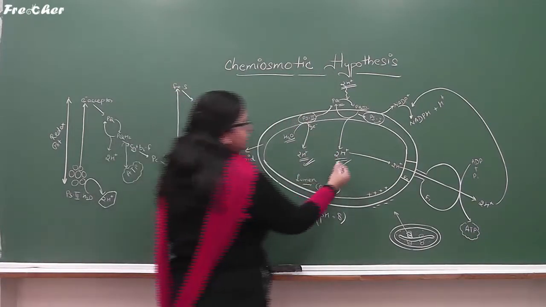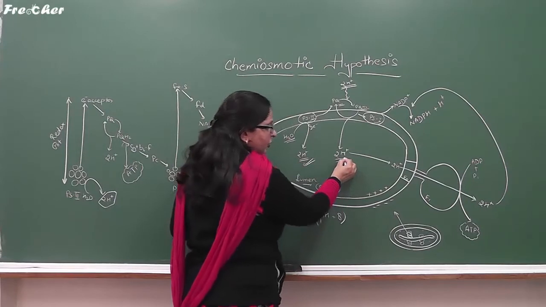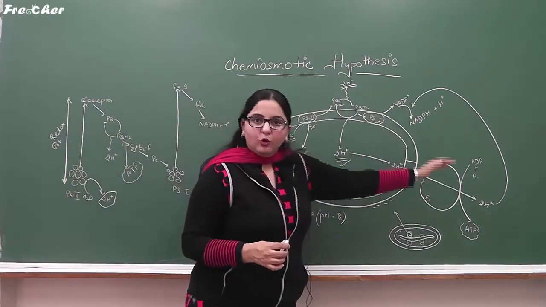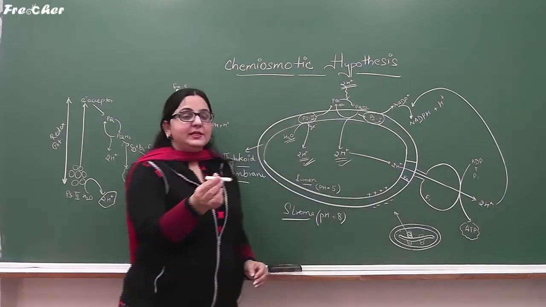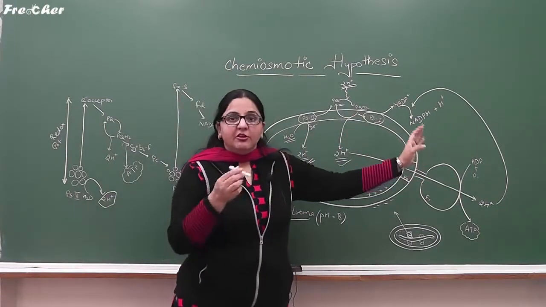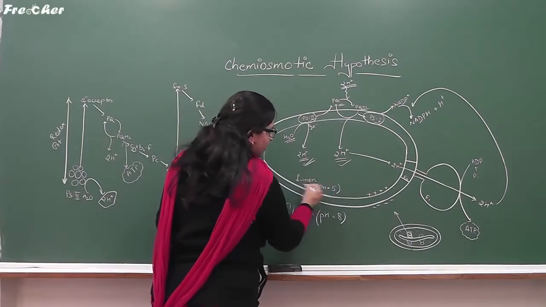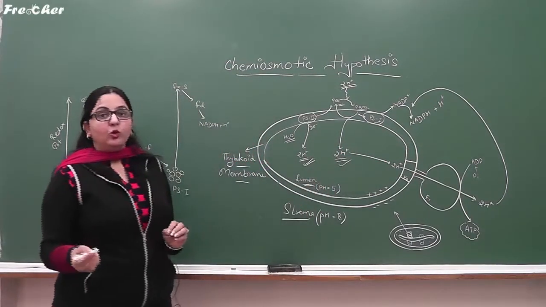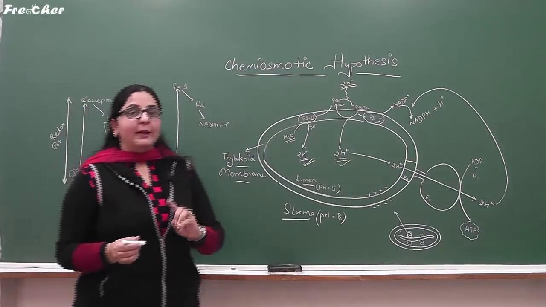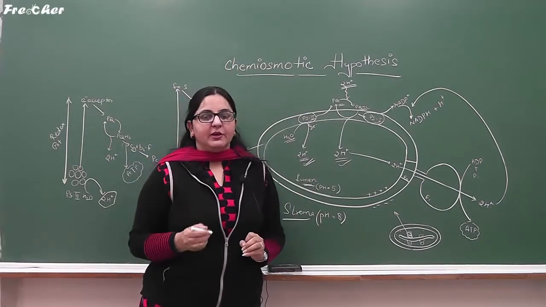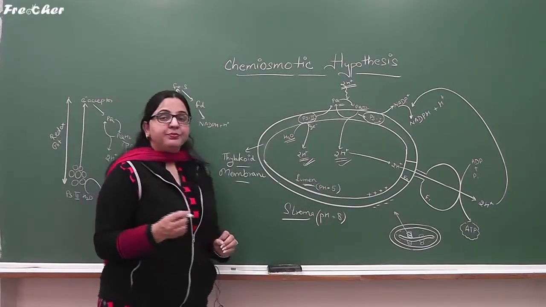Look, these two protons are moving towards the stroma again to balance the proton difference. Why? Due to the accumulation of protons in the lumen, a proton gradient, that is what we call an electrochemical proton gradient, develops. What is a gradient?